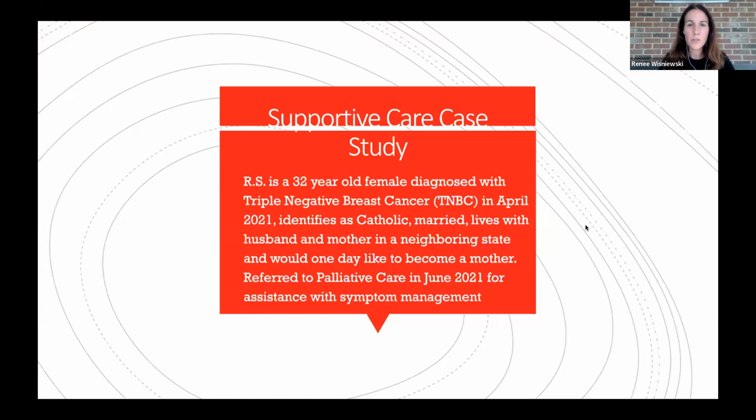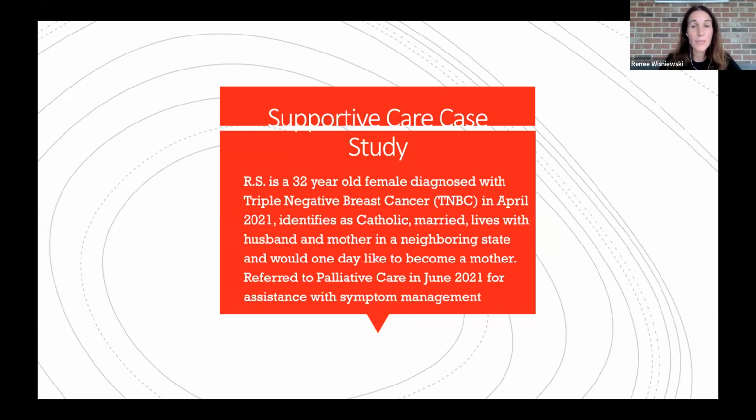So I just want to introduce a case study to get us thinking about what palliative care interventions we can utilize. RS is a 32-year-old female who's diagnosed with triple-negative breast cancer, and that was back in April of 2021. She identifies as Catholic. She's married.